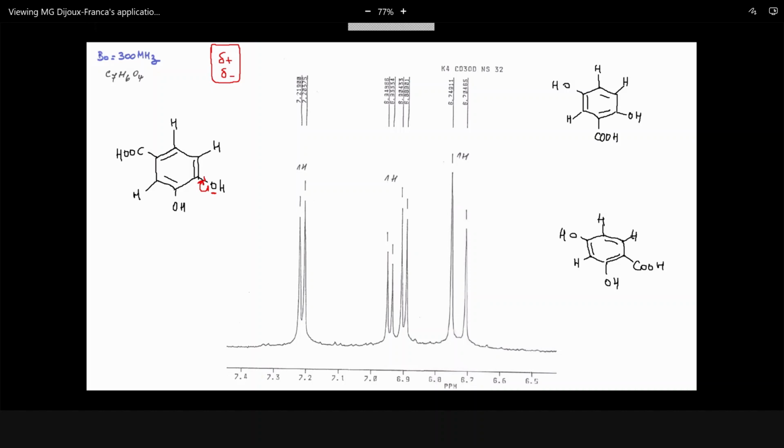So we will have a strong delta minus effect here on this position also. A small electrodonor in para, but remember, because the double bond is going there, then it's going there, and then it's going there. Do you remember that?